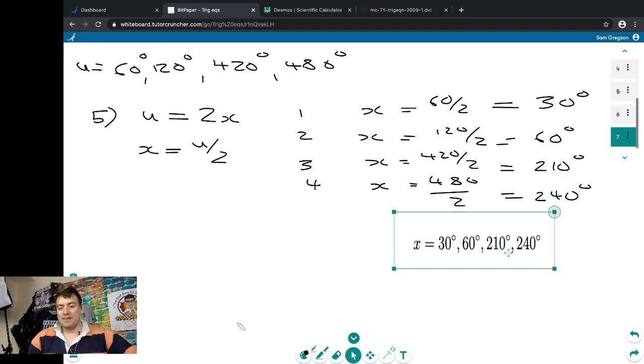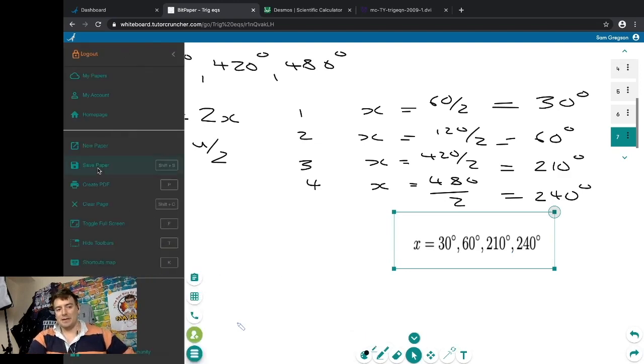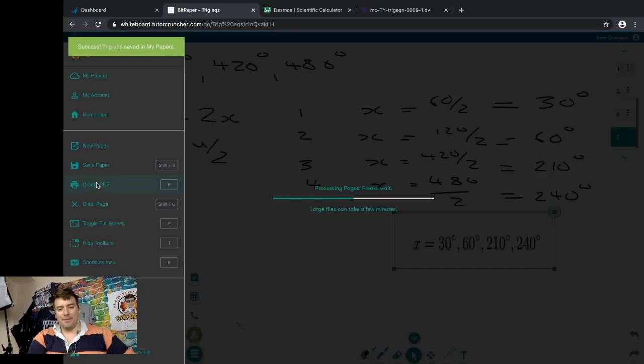So how do you feel about those now after we went through that? I feel a lot more confident about that. Right. I am able to refer back to this, aren't I? I can save the tutor whiteboard, so what I will do is save this. I'll create a PDF.